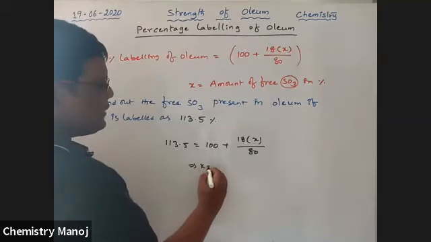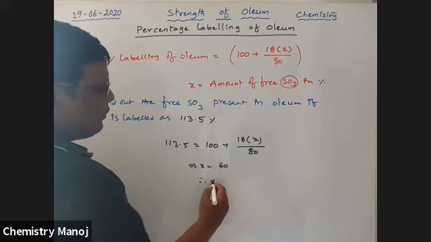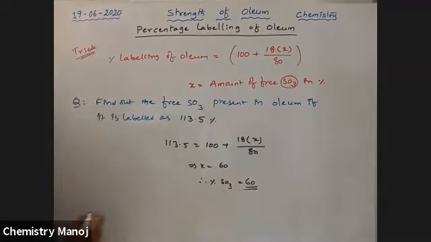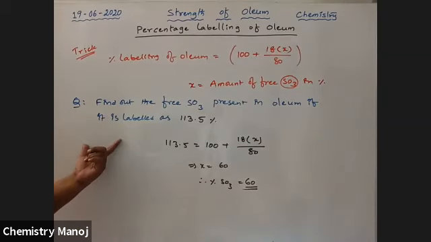That implies x is equal to 60. Therefore the percentage of SO3 is 60. That is the weight of SO3, which is also the percentage of SO3, because the total oleum value is 100. We always express for 100 grams of oleum. That is why it is 60%.